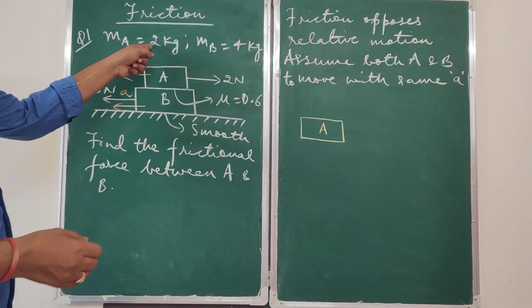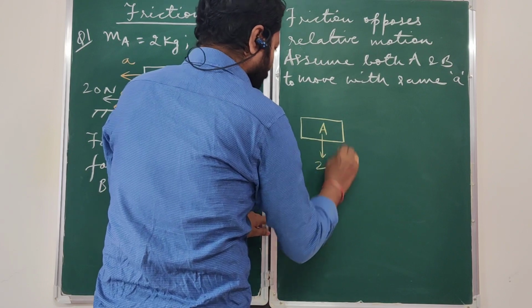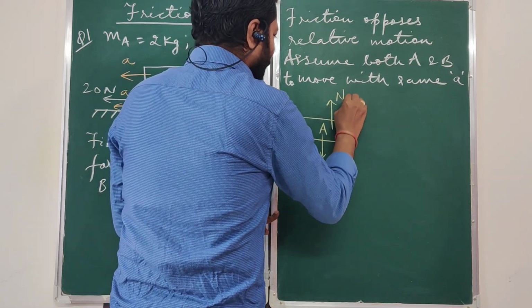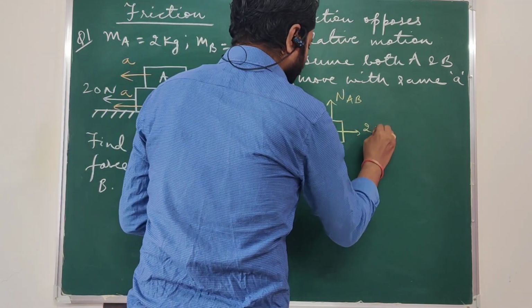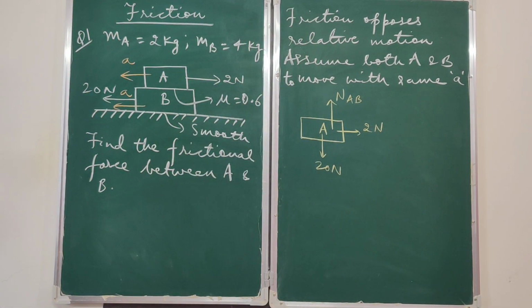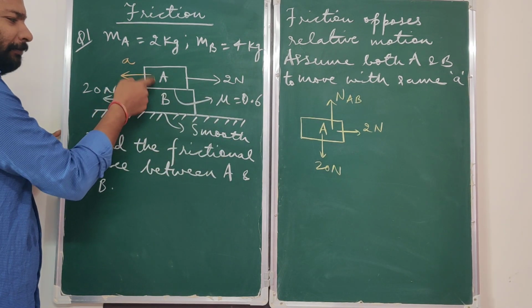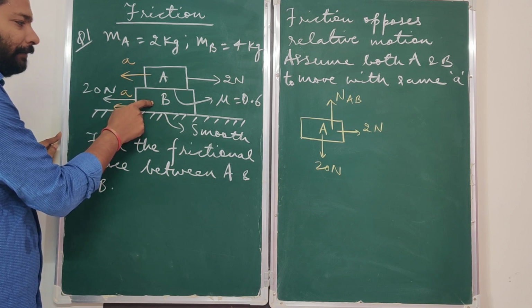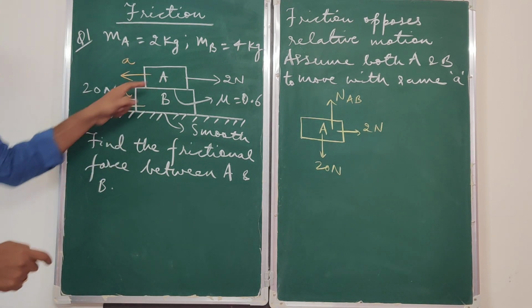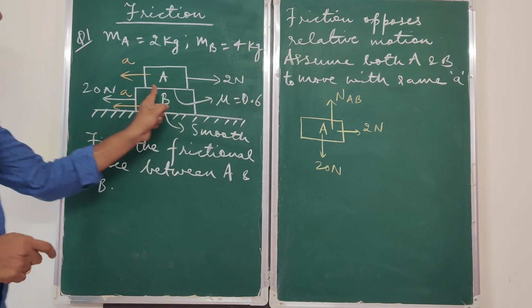What is the weight? 2 into 10, 20 Newton. Then there will be a normal reaction between A and B. 2 Newton force. Now, which of these two blocks is experiencing greater amount of force? Block B. So what will block A do? It will try to exert frictional force on B. In which direction?